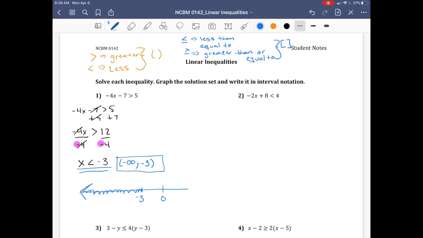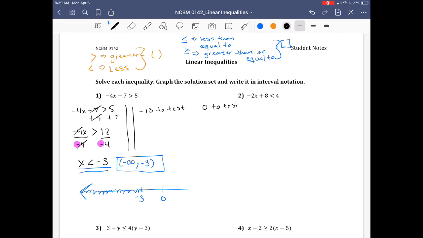We can check this by using numbers. If you forget to leave x by itself on the left, you can check this by using numbers. So let's say I use negative 10 to test, and I use 0 to test.